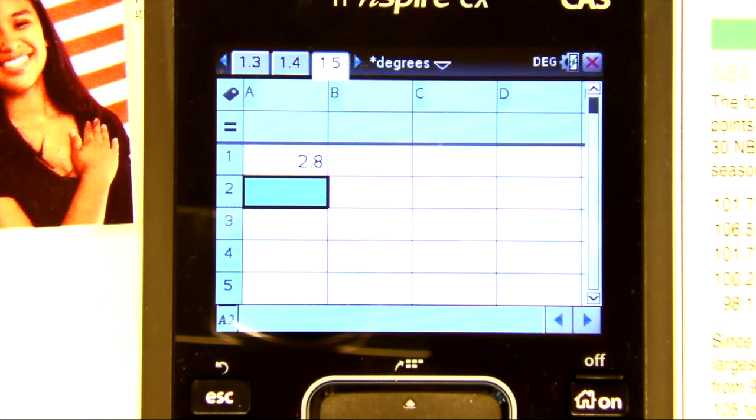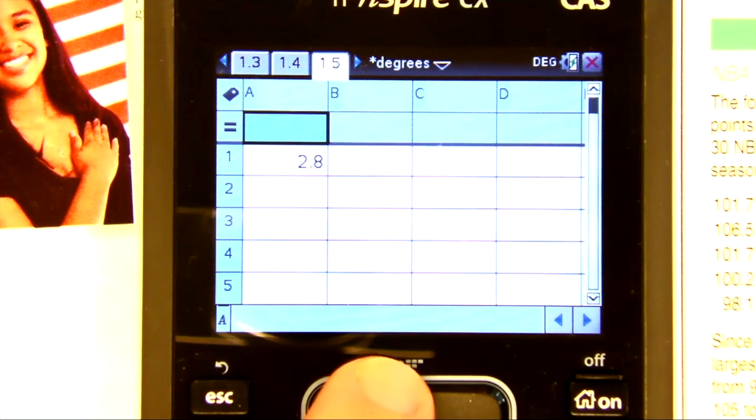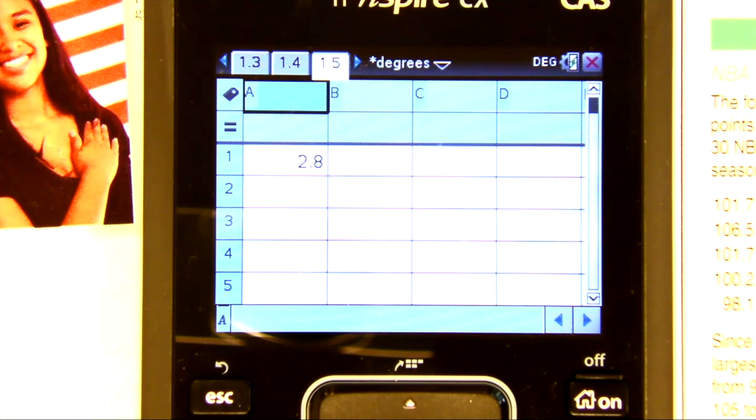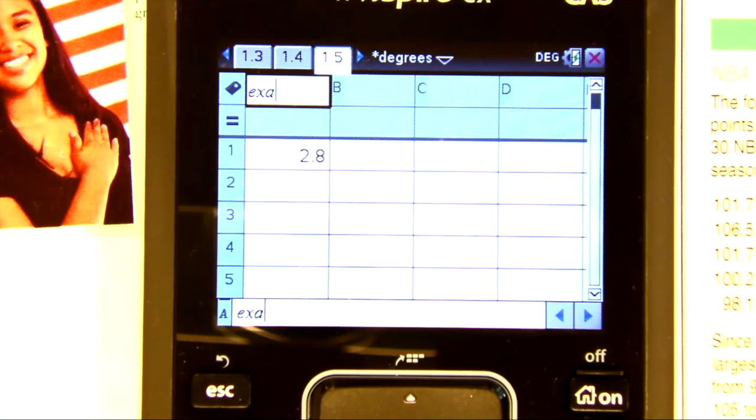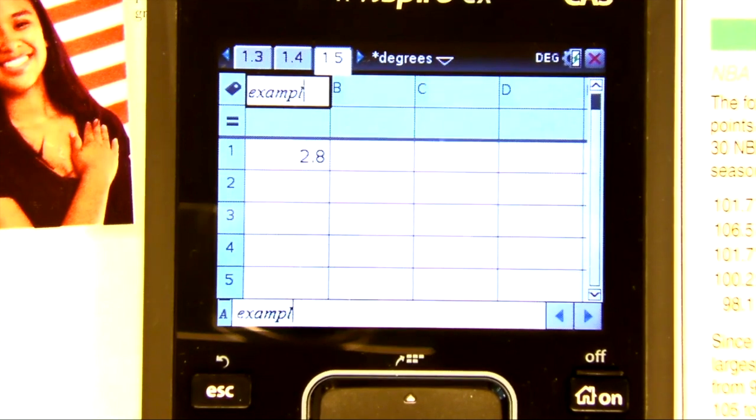Now I will say this: on the TI Inspire, at the very top of your row, there's a letter. We can actually enter a name for this list. I'm just going to call this example for right now. We can name it with whatever the data is later.